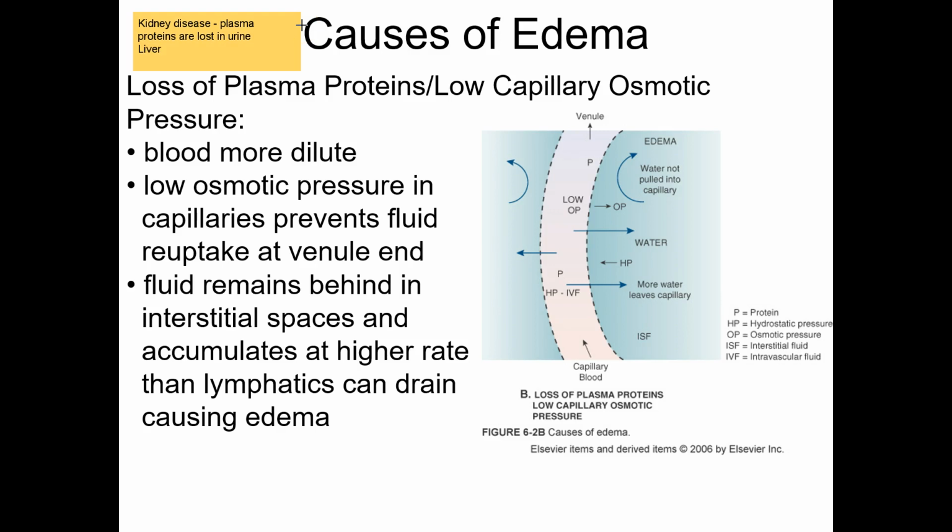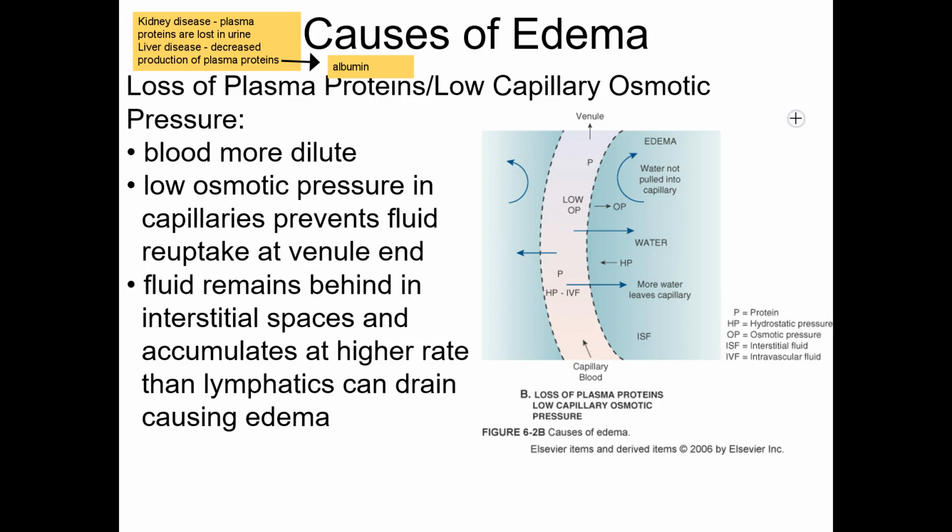The second is if you have liver disease, then you have decreased production of plasma proteins. And the big one that we're most interested in is albumin, which is made by the liver.